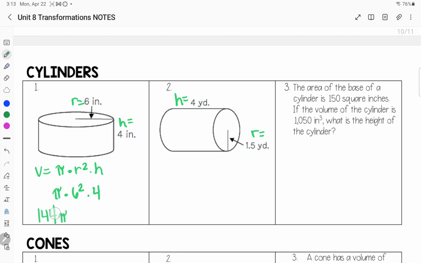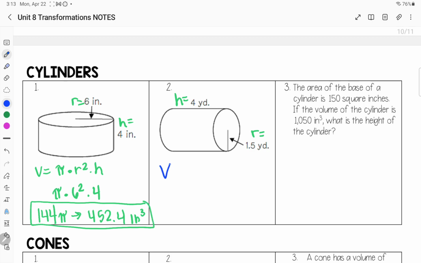You don't want it in terms of pi. Most times they'll tell you to round to the nearest tenth. So we're going to hit our conversion key and get 452.4. And since it's volume, it's in cubic inches because we're looking at all 3 dimensions.